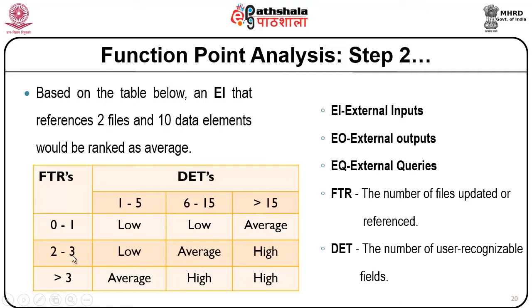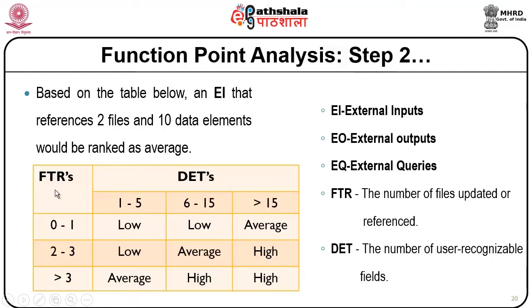If the number of files updated or referenced is 2 to 3 and the number of user recognizable fields is greater than 15, it is ranked high. If the number of files updated or referenced is greater than 3 and the number of user recognizable fields is from 1 to 5, it is ranked average.